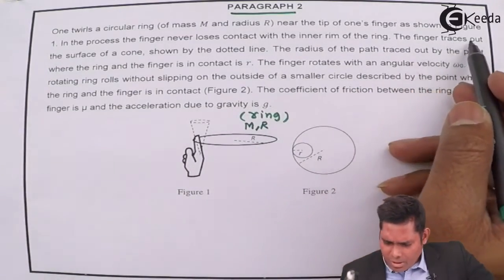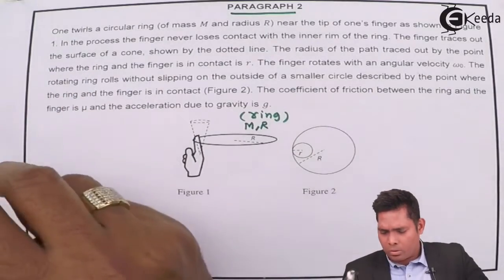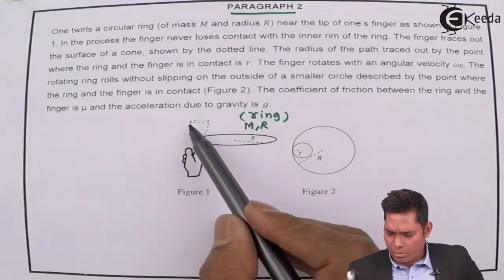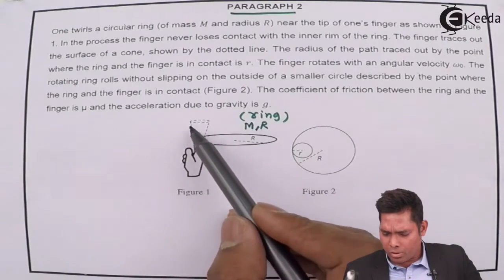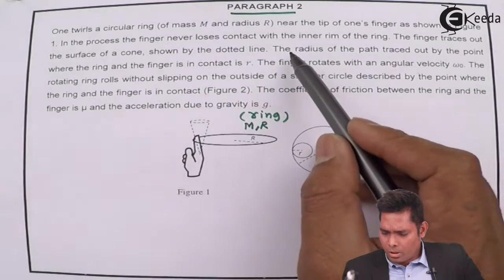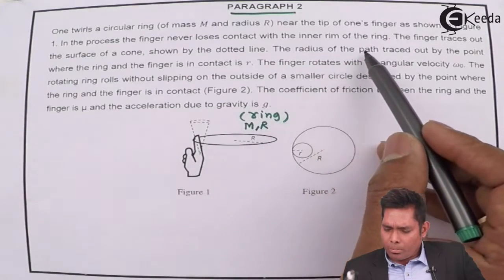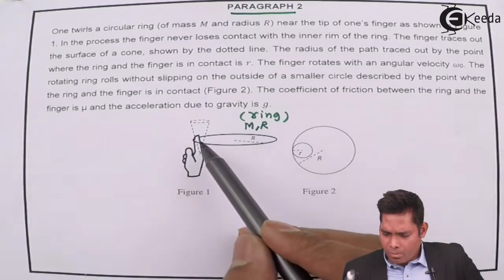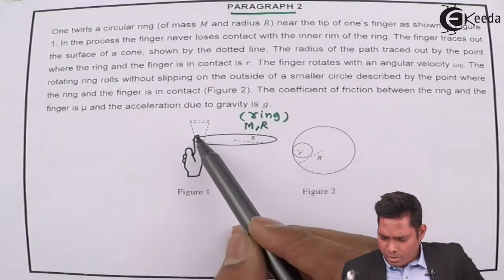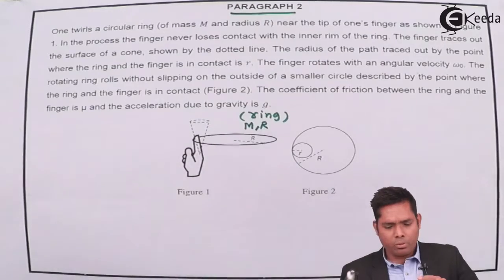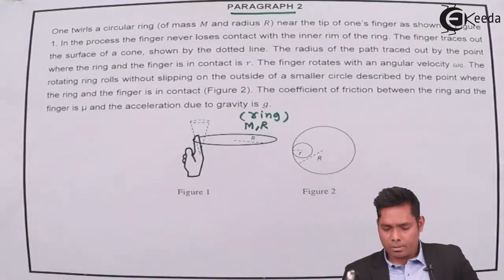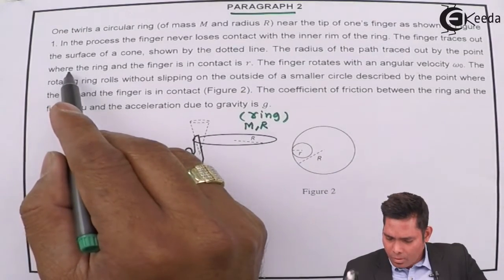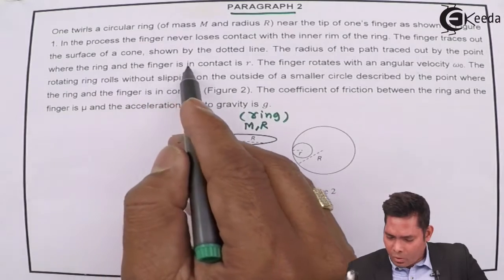The finger traces out the surface of a cone. You can see that if the finger moves like that, it traces a cone. You can see with the dotted line, the finger is actually tracing a cone. The radius of the path traced out by the point where the ring and the finger are in contact is small r.